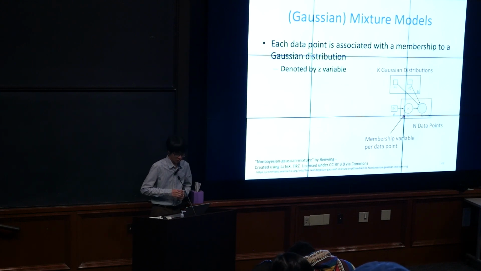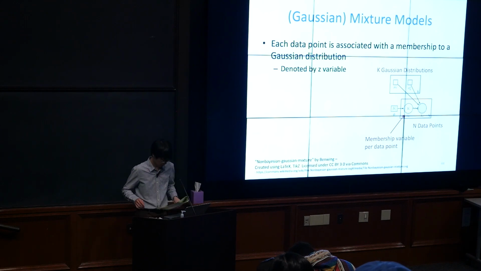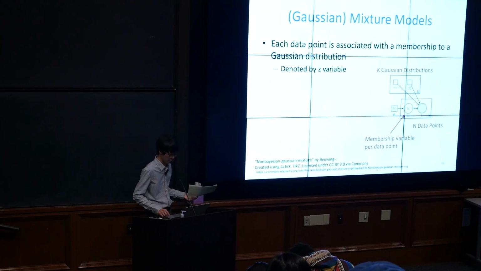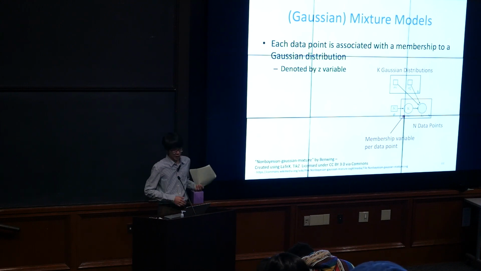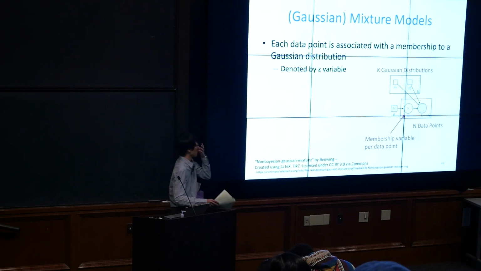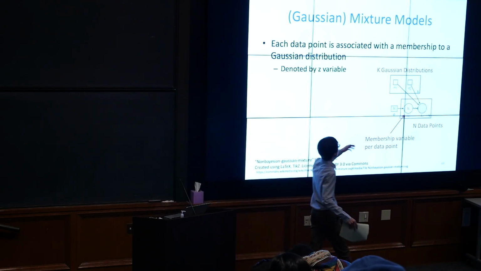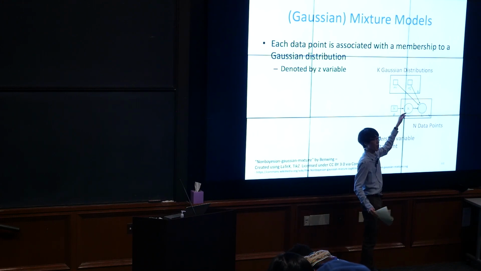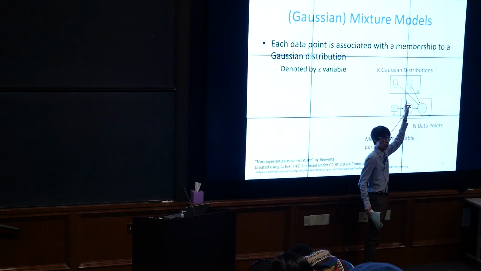We can also have something called a Gaussian mixture model. I want to point out that this is just probabilistic k-means, if you squint at it, where each data point is associated with a membership to a Gaussian distribution. So not only are we modeling some k number of Gaussian distributions, we're also modeling the membership of some variable to which one of those Gaussian distributions.